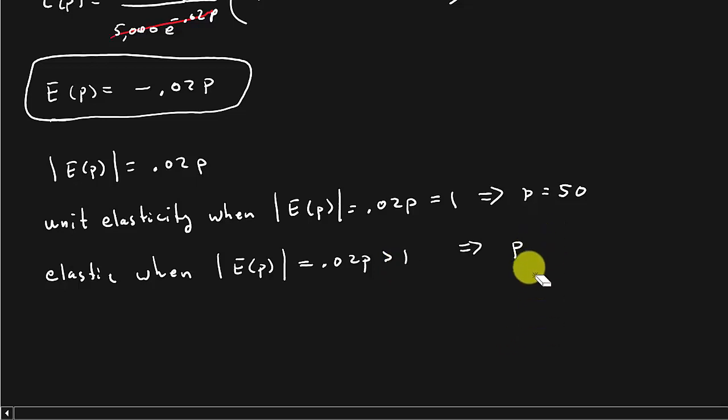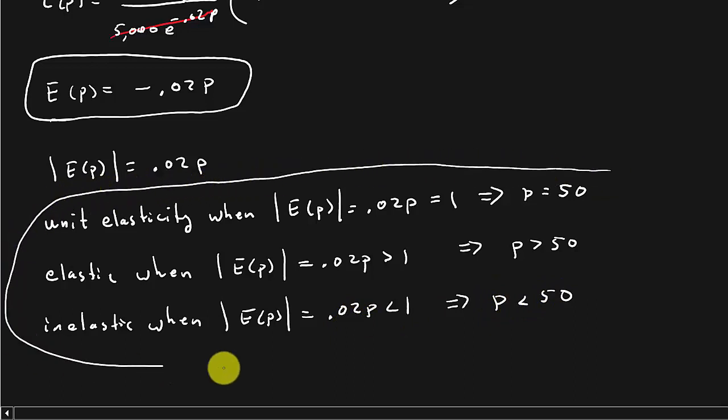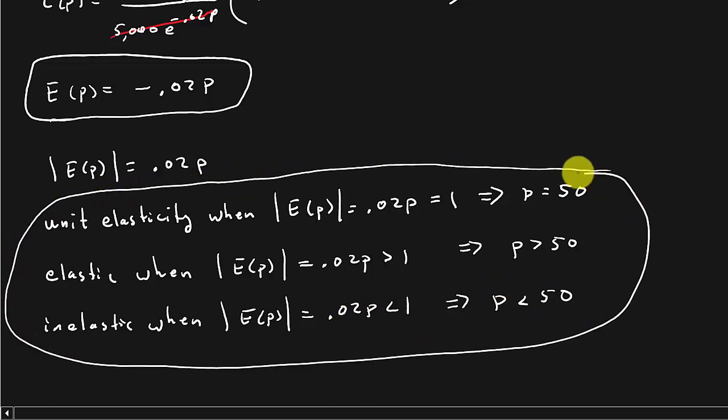So that's when P is greater than 50. And then it's inelastic when the absolute value E of P, which is equal to 0.02 P, is less than 1. So if I solve for P, P is less than 50. And so this is what they want to know: when is it unit elasticity, elastic, and inelastic?